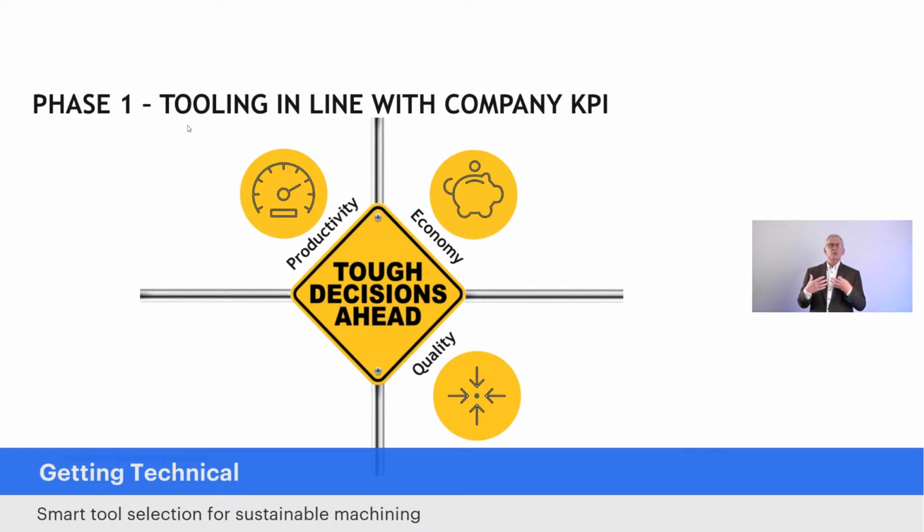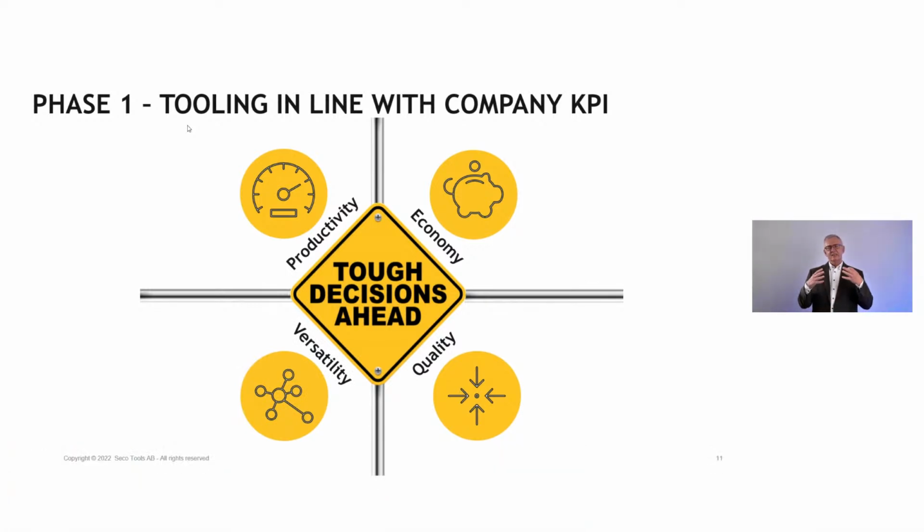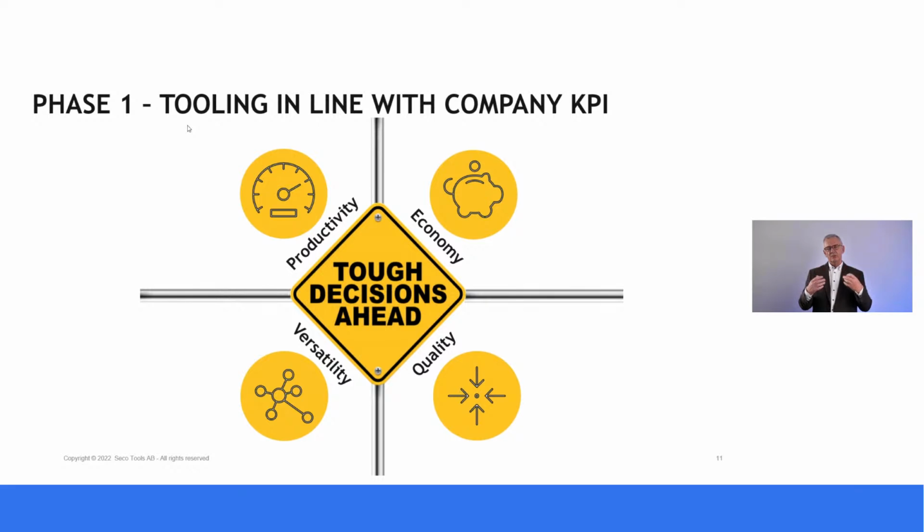I as a company want to have an image that quality is our thing, whatever it takes, whatever it costs. And the fourth one is about making sure that the company is flexible enough, versatile enough in what it's capable of doing, so that the total output of the company is maximized.